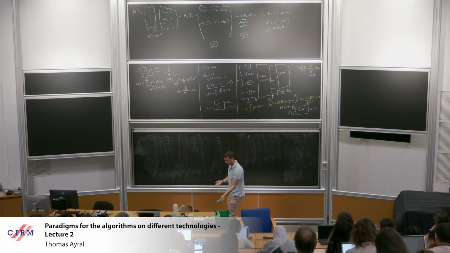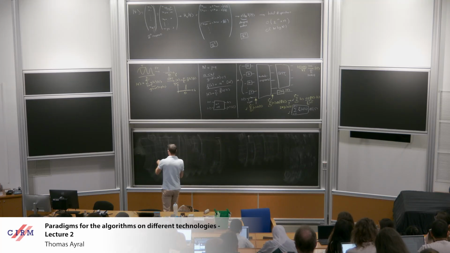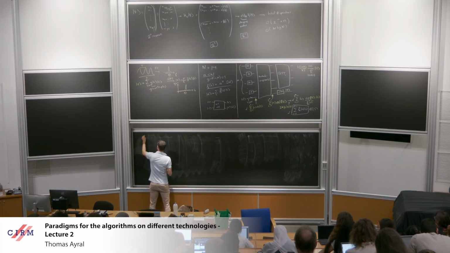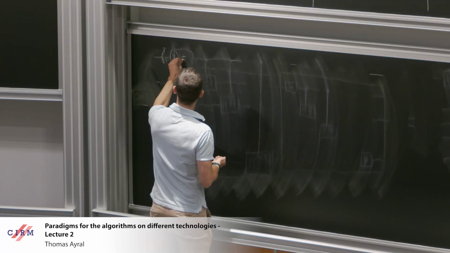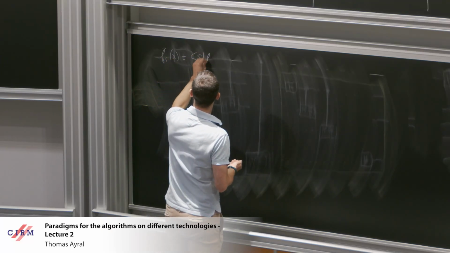So let's just check that f tilde s, so f tilde s of x is f(x) times s.